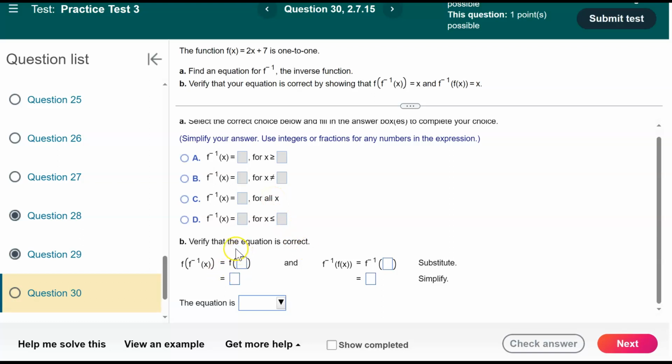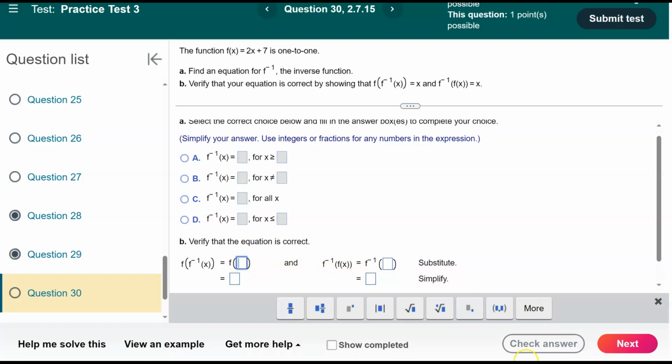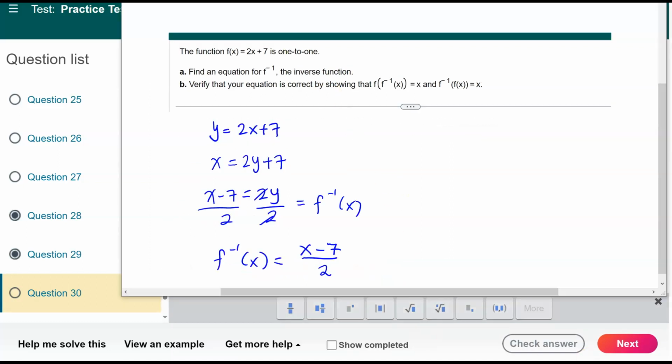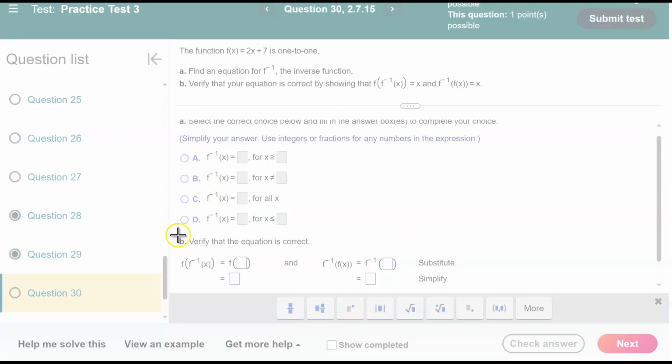Now, when you verify that the equation is correct, you are going to have f inverse of f of x. That means you replace with your expression, you just copy the expression for f inverse. Maybe let me copy that, I think it's a lot easier.